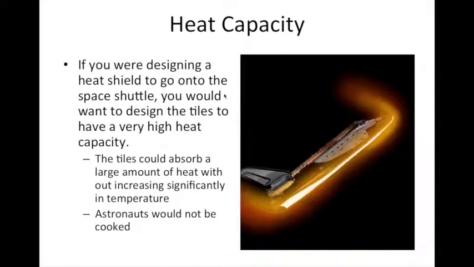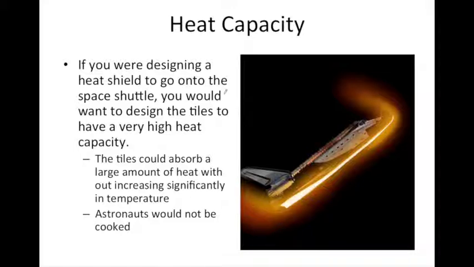Now here's maybe an extreme application of heat capacity. Let's say you were designing the heat shields that go onto the bottom of the shuttle. These heat shields, of course, are there to absorb the heat that's generated upon reentry.